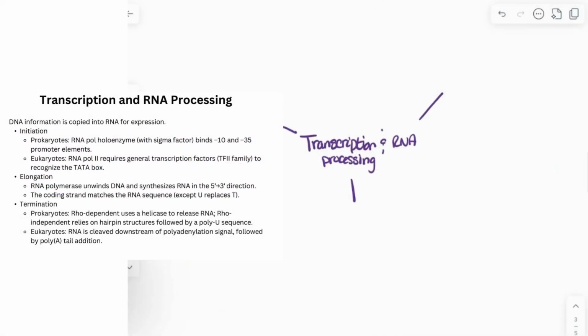Transcription and RNA processing. We have 3 branches, and we're going to start with the first one, which is transcription. From transcription, we have 5 branches coming out.